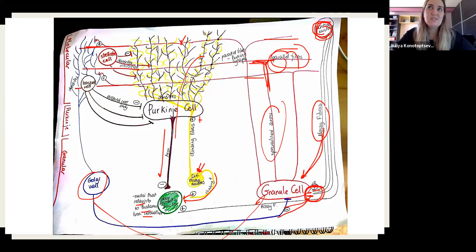It is called the cerebellar glomerulus. We have glomeruli in the kidneys, and we also have them in the cerebellum. So the cerebellar glomerulus is just this particular interaction between the axon of the Golgi, the dendrite of the granule, and the mossy fiber itself.